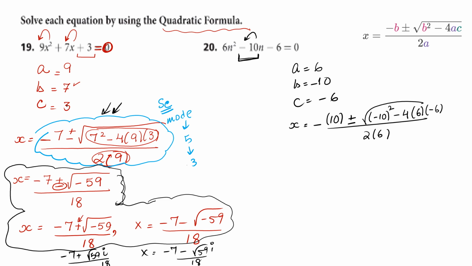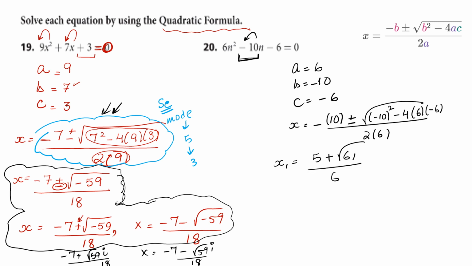Now as I said to you, go to mode 53, write down 6, then -10, then equal, then -6, equal, equal, and you will get the answer as x1 equals 5 plus square root of 61 over 6.